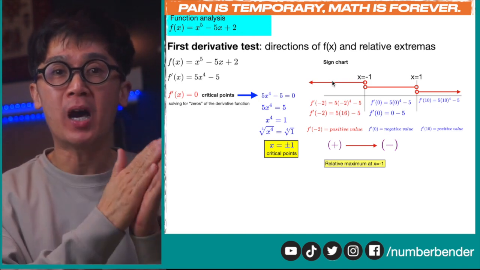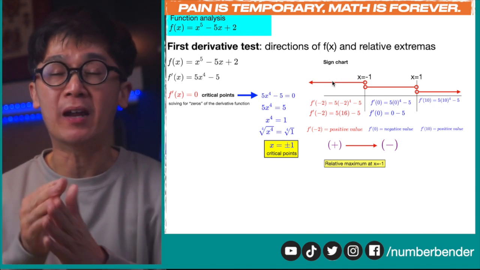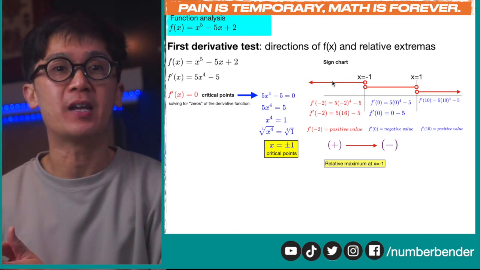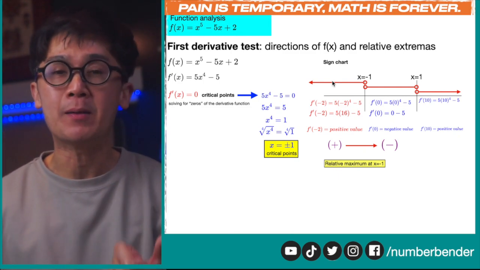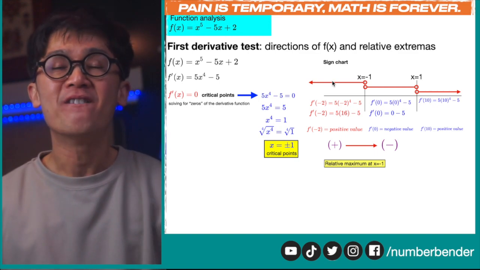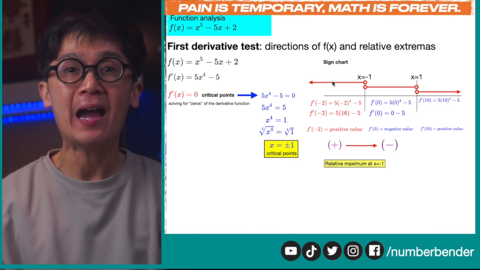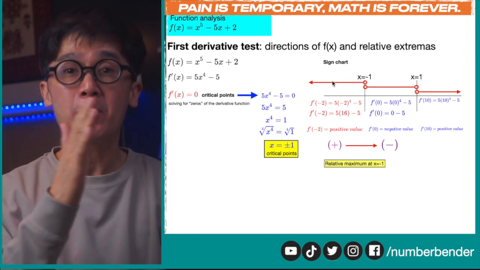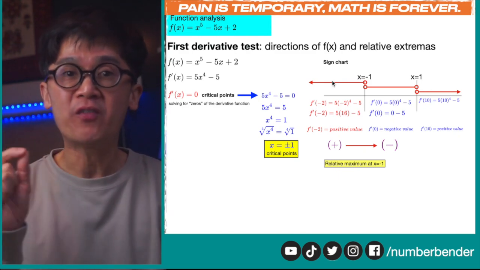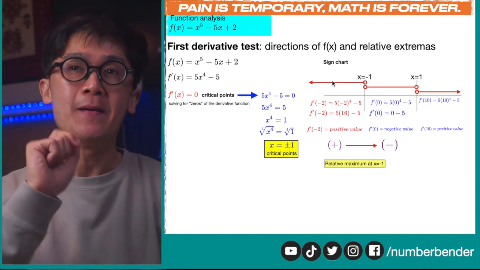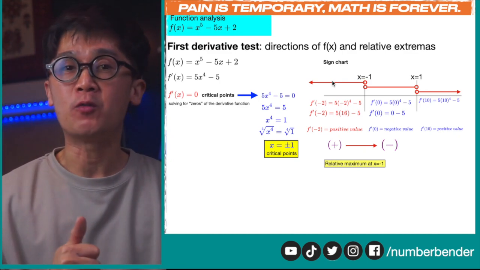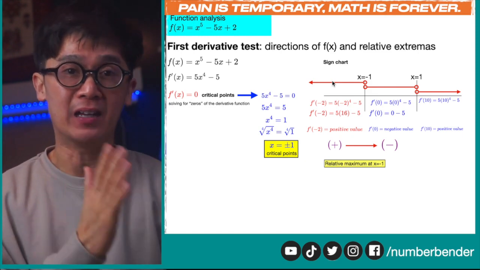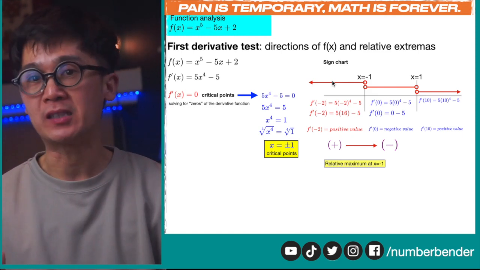Because if it's plus to minus, it's going to be a relative maximum, but if it's negative to positive, it's going to be a relative minimum for our function. So dapat tandaan na yung sequencing kung saan nagkakaroon ng pagbabago doon sa ating mga derivative function is important to determine whether your extrema is relative minimum or relative maximum.